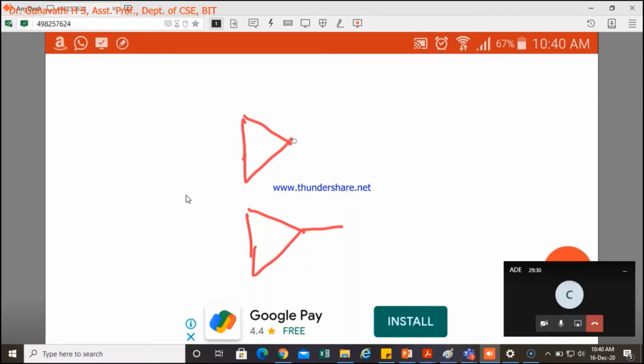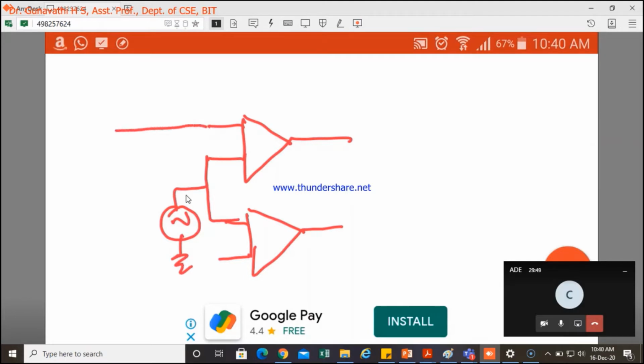UTP will be applied across one comparator and LTP across the other. Both are connected to a single input, so I'll short them and provide the input here. Here I apply the upper threshold voltage, UTP, and here the lower threshold voltage, LTP. I extract the output across both, connected together. This is how the window comparator is.